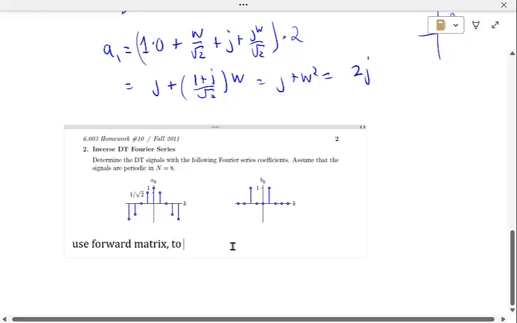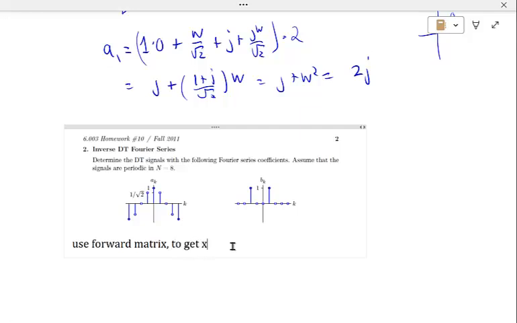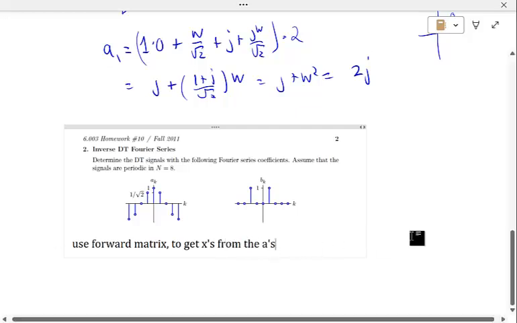So to get the x's from the a's. Now, before we had A0, A1 up to A7, but here he's giving it differently. He's doing negative and positive. But it doesn't really matter because I can continue this periodically.